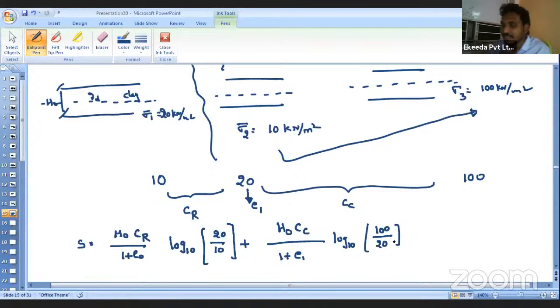So wherever pre-consolidation has already happened in the soil, there we have to consider the recompression index, and then the remaining part we can take from the original curve, that is nothing but the virgin curve, that is nothing but the compression index.